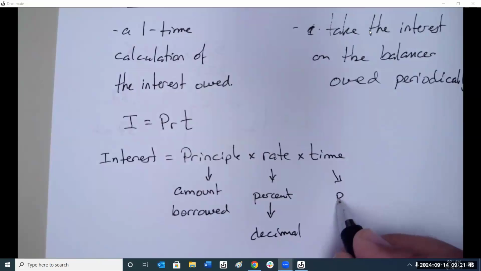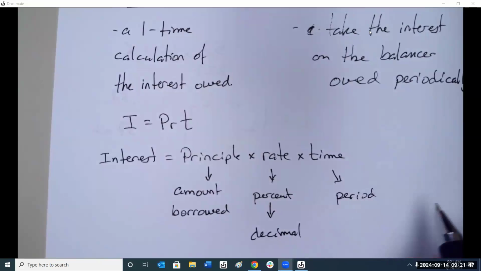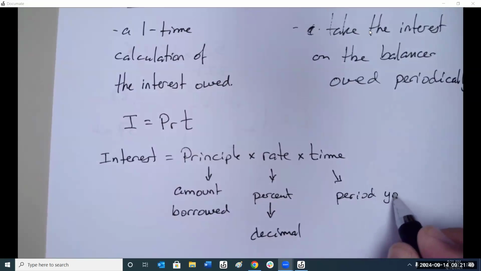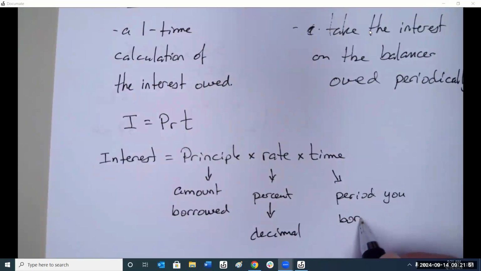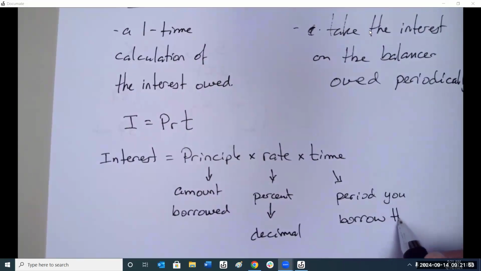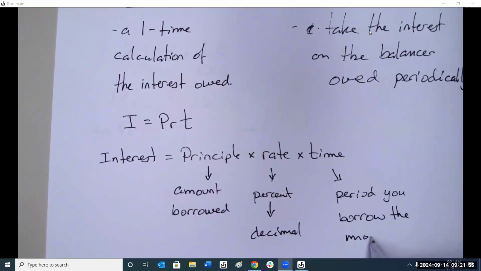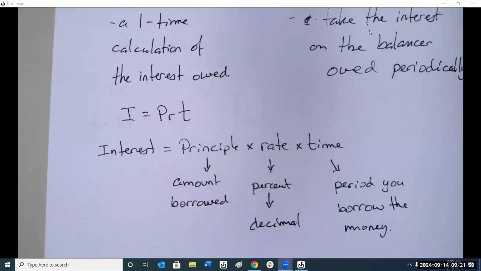And the time is the period you borrow the money. Okay, so that's simply calculating the interest.